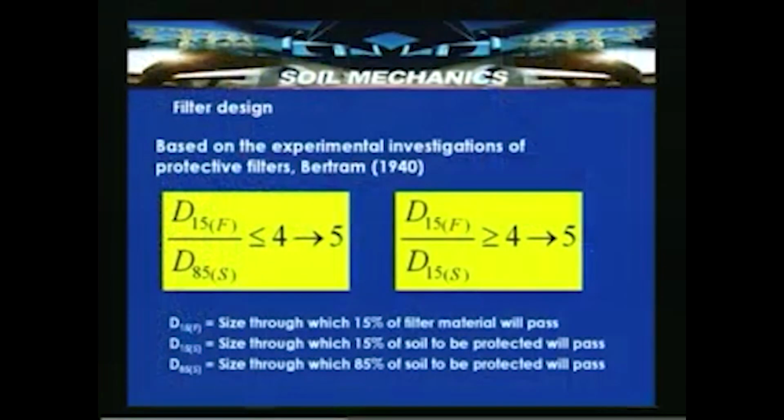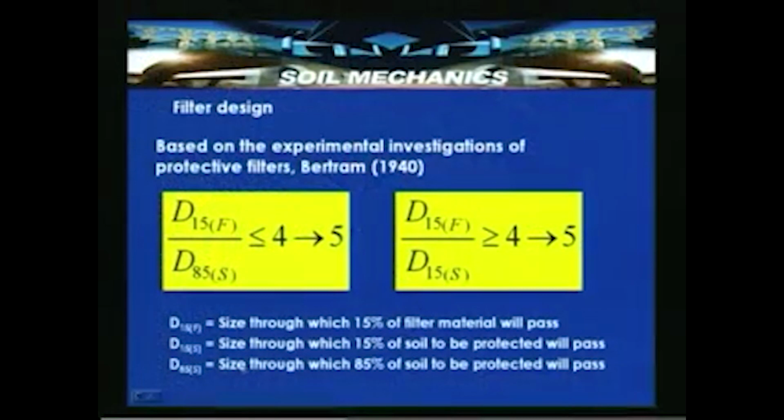D15S means the size through which 15% of the soil to be protected will pass. And D85S is nothing but the size through which 85% of the soil to be protected will pass.